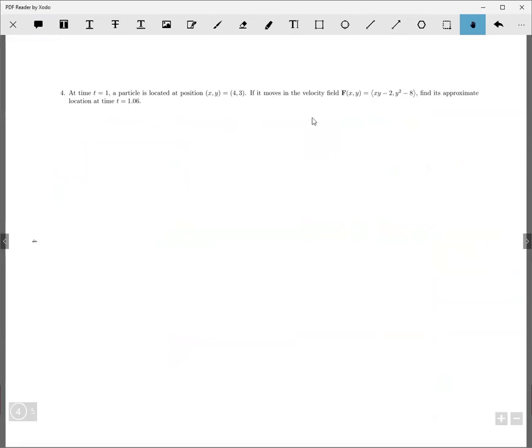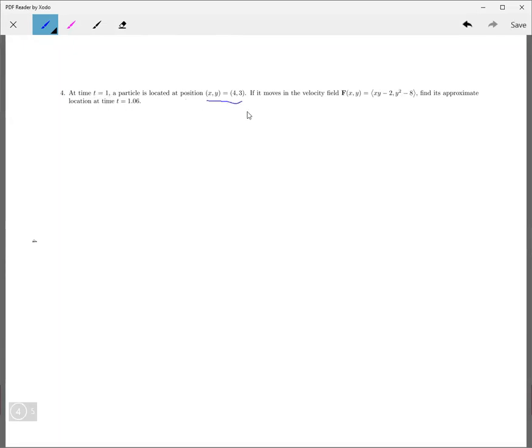Okay, so what happened is here, this is a vector field, and think of this like a fluid flow. If you drop something into here, then it's going to flow in the direction that this fluid's flowing. Now at t=1, a particle is located at that position.